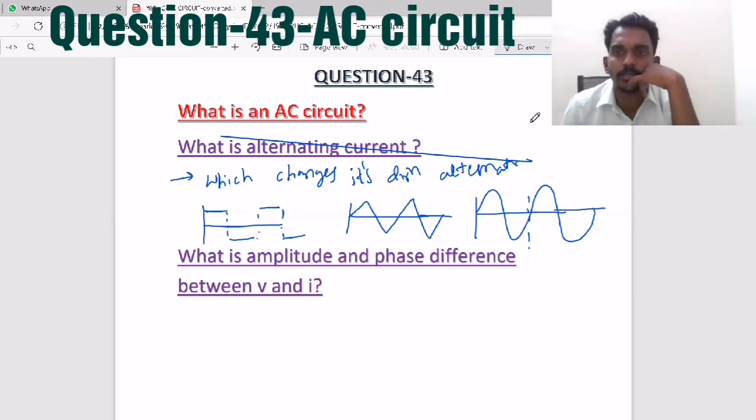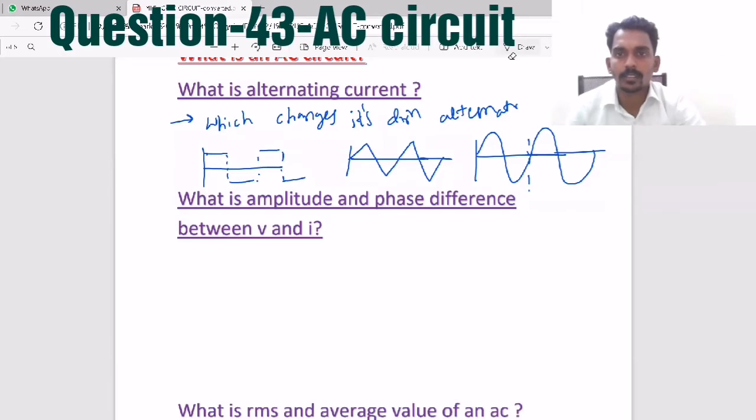Now, the next thing we need to understand is, what are amplitude and phase difference between V and I? This alternating voltage and current we represent like this.